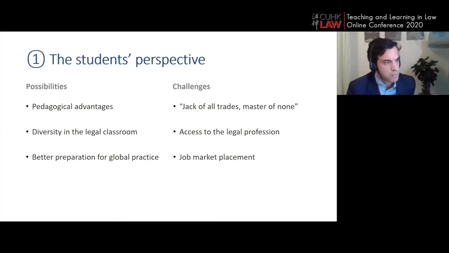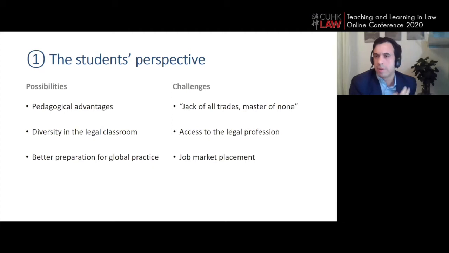However, of course, not everything that glitters is gold, and I think it is also important to be aware of the fact that these programs have certain problems or certain downsides. One of them is the risk of producing students who have a very shallow knowledge of a lot of jurisdictions and no specialized knowledge of any jurisdiction in particular.